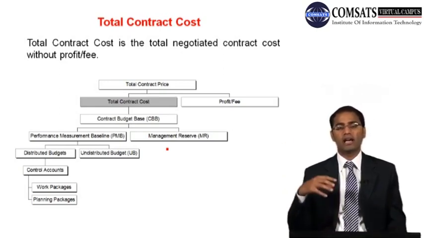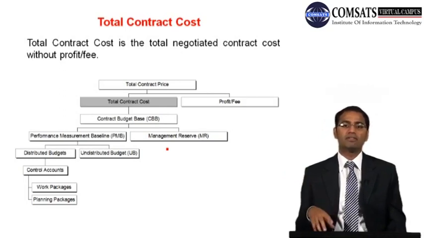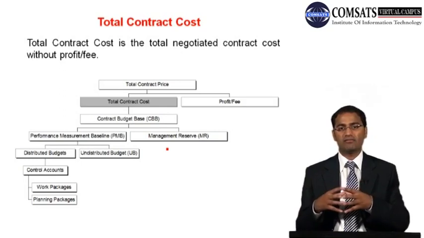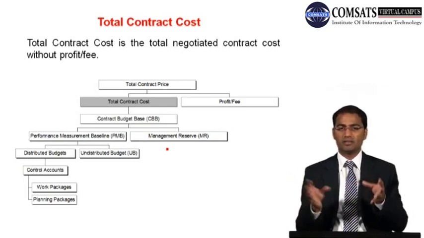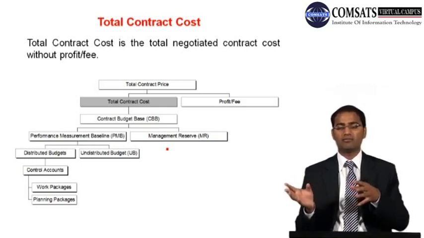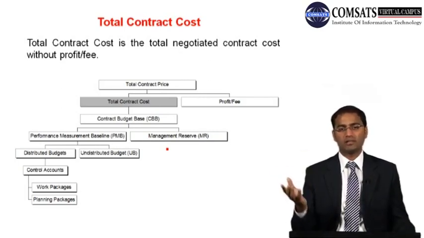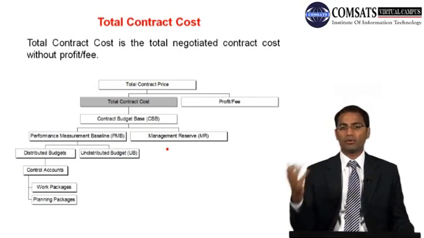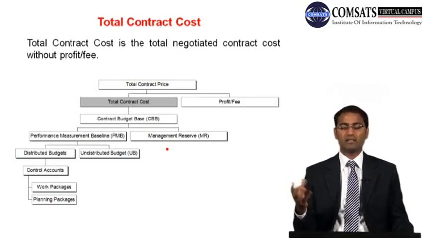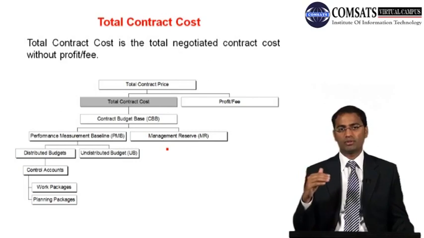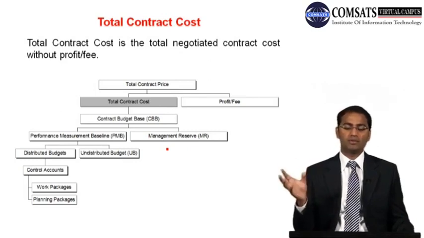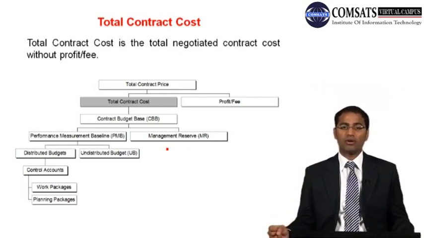And how we actually come across the cost: remember, we did estimation the other day. We were talking about different types of estimates: rough order magnitude estimates, approximate estimates, definitive estimates, top-down approach, bottom-up approach. Through that you can get the total contract cost.